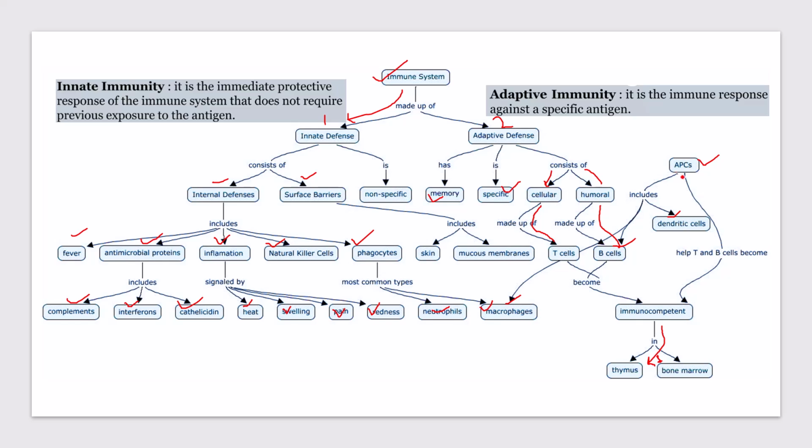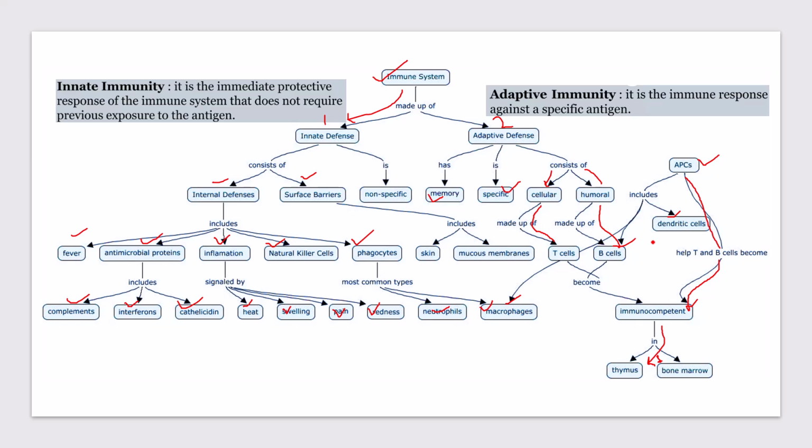One more thing is that APCs help helper T cells and B cells become immunocompetent. With the help of antigen presenting cells, the T helper cell and the B cell become mature, immunocompetent, because APC cells like macrophages or dendritic cells, when they present antigen on their cell membrane, that antigen is recognized by a T cell, and that T cell makes a specific marker which is recognized by the B cell, and this is a part of their maturity.